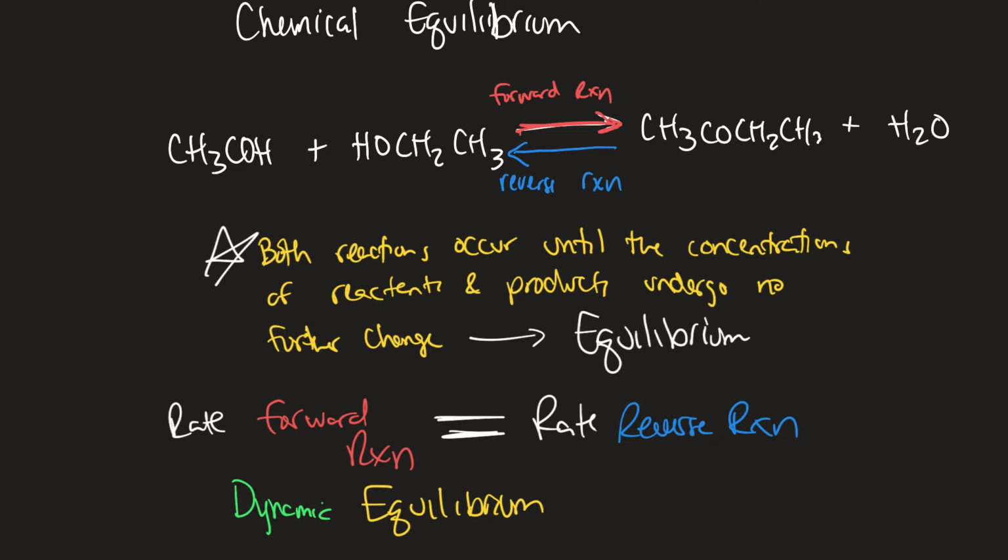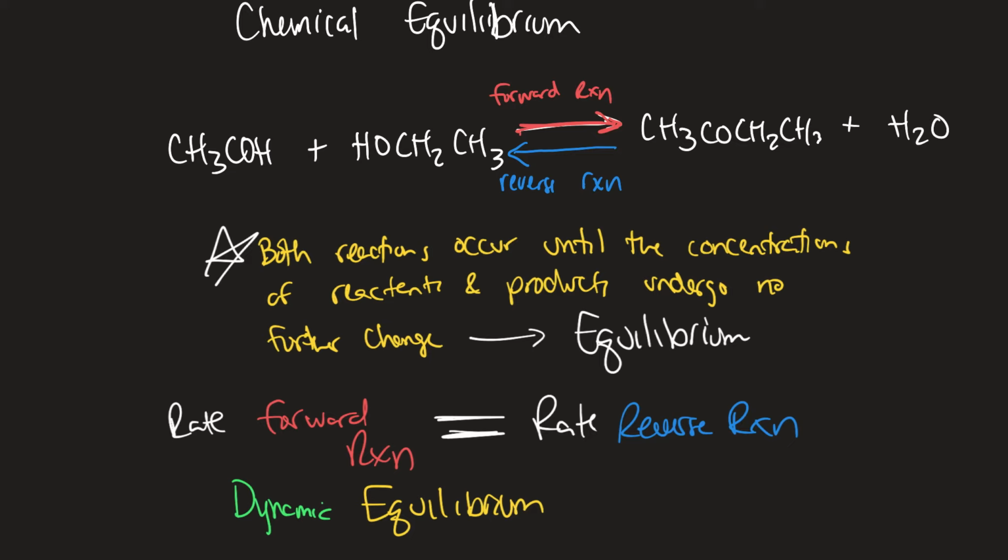As quickly as the reactants are becoming products, the products are becoming reactants. There might be different concentrations of both, and that's fine. It doesn't matter. Ultimately, the rates are the same.